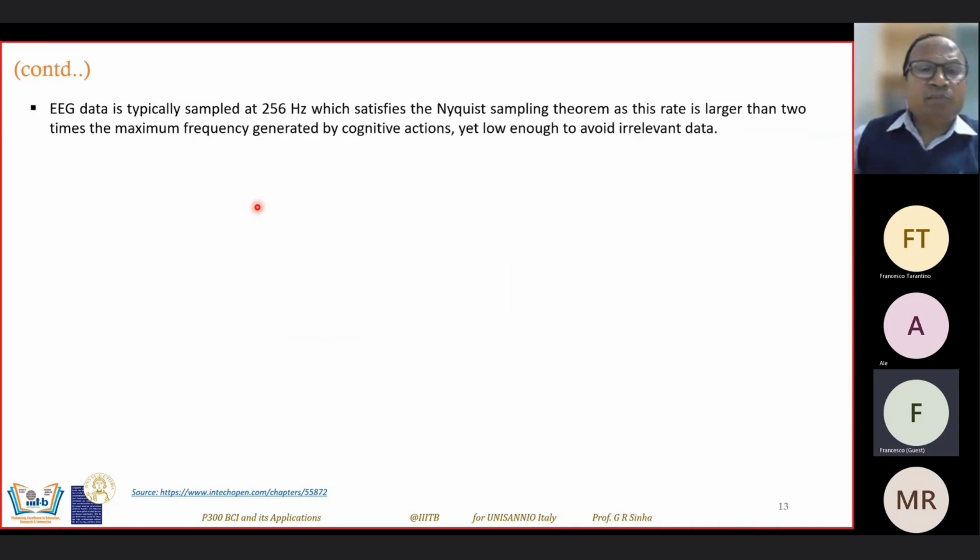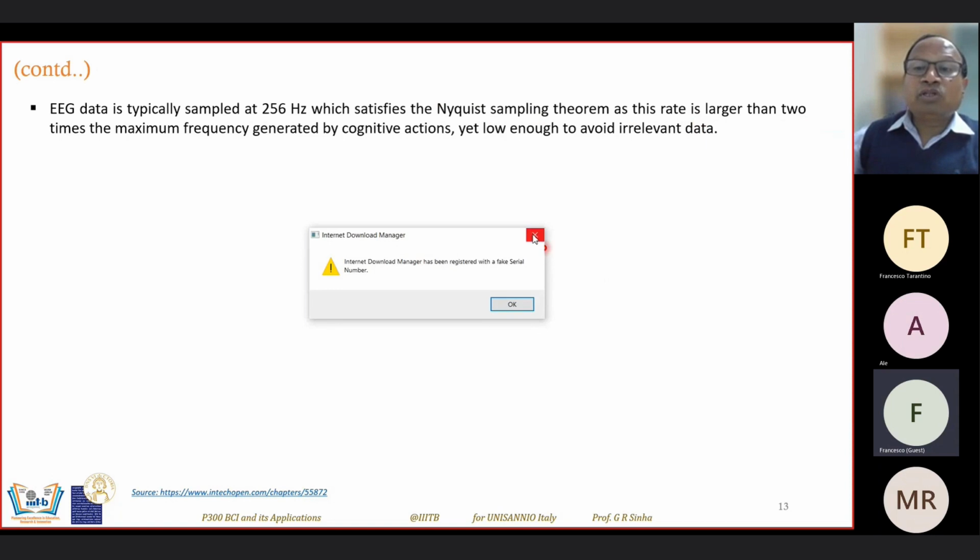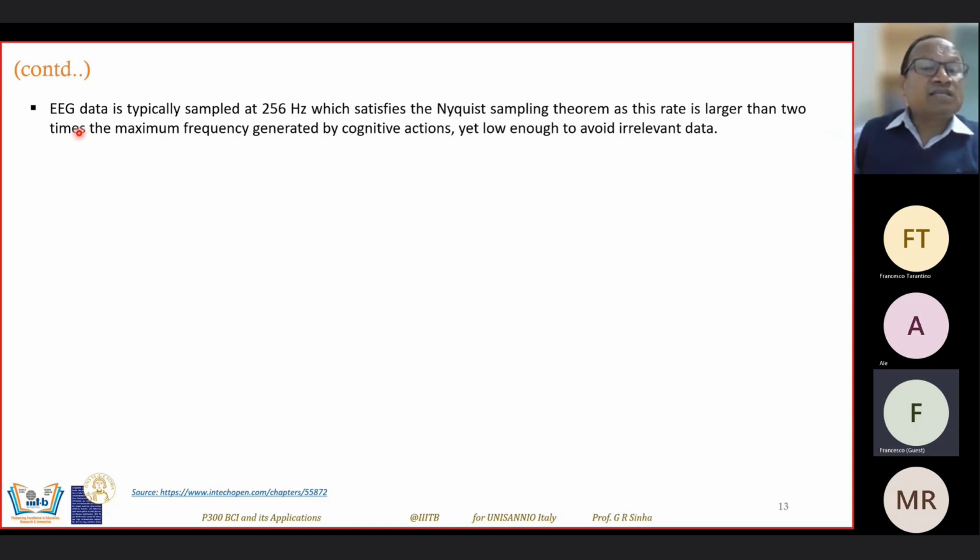EEG data is typically sampled at 256 Hertz. That satisfies the Nyquist sampling theorem. We know what the Nyquist sampling theorem is. We have discussed meeting this requirement, as this rate is larger than twice the maximum frequency generated by the stimulus, yet low enough to avoid irrelevant data.